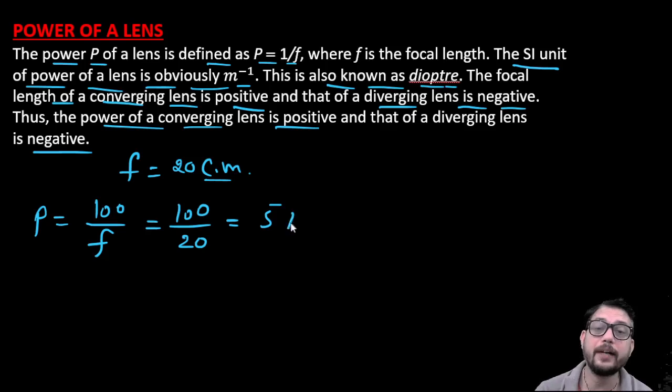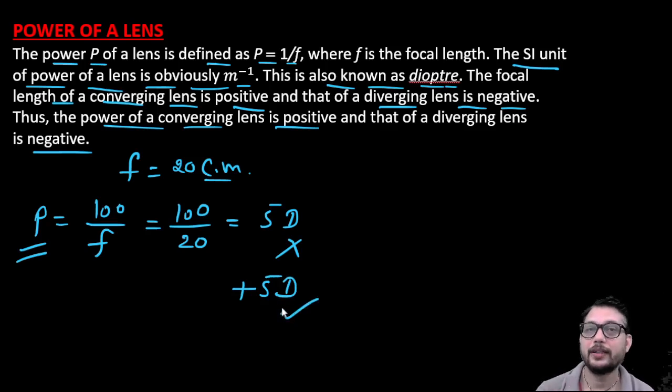Now if you write 5D, then your answer will be wrong. Why? Because in case of power, it is compulsory that you put either a positive sign or a negative sign. So plus 5D is your correct answer.